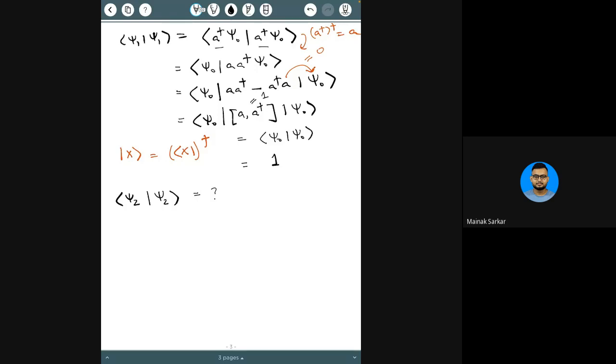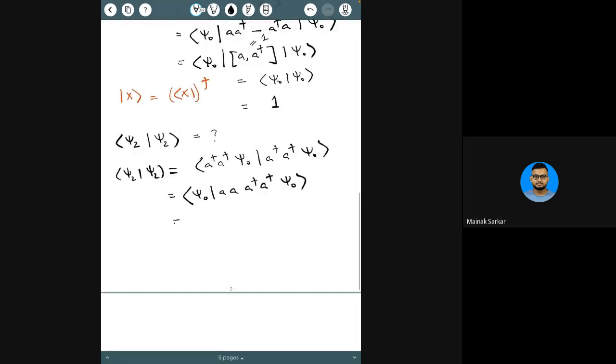What is the value of the overlap? Okay. Psi 2 is equal to, I have two A daggers, psi 0, the same function here. I do the same thing, so the A daggers become A when going from bra to ket.